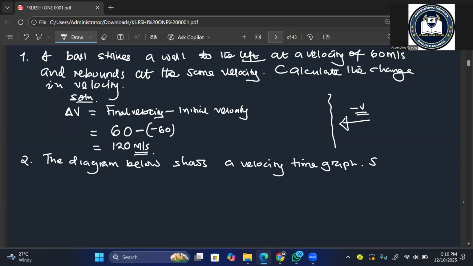Then you're told sketch, and adjacent to it, a displacement time graph for the same motion.